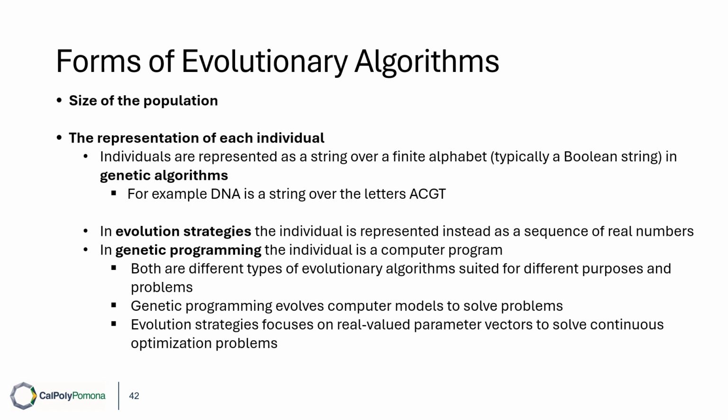However, in genetic programming, the individual is instead represented as a computer program. Both are different types of evolutionary algorithms suited to different purposes and problems. Genetic programming evolves computer models or programs to solve problems. Evolution strategies focus instead on optimizing real-valued parameter vectors in order to solve continuous optimization problems.